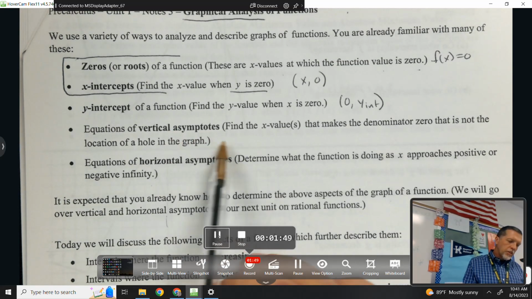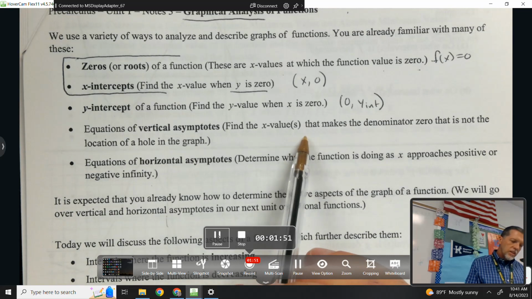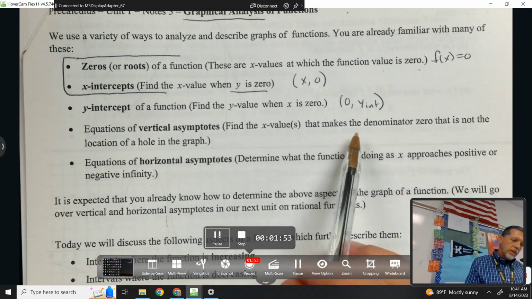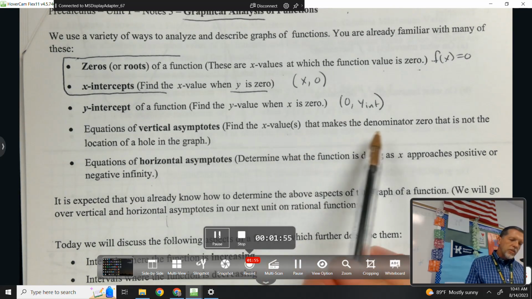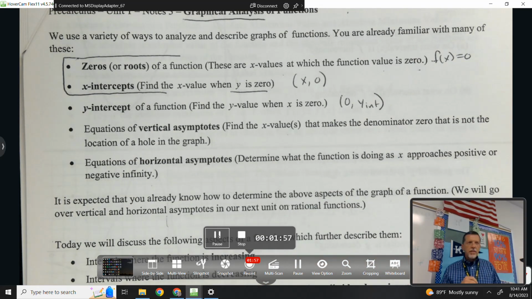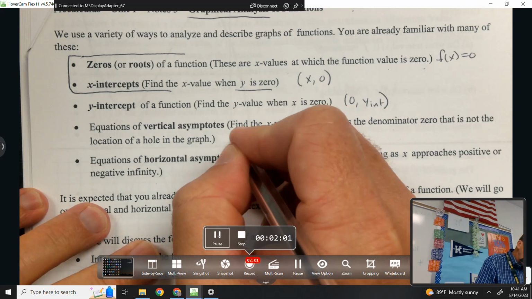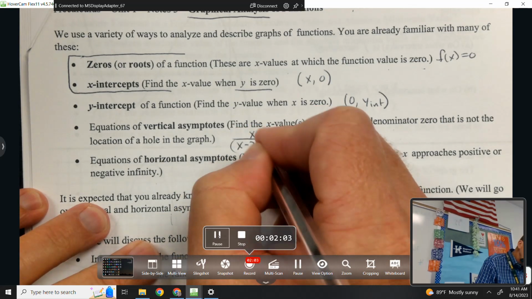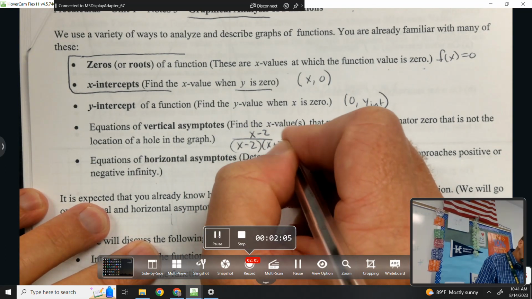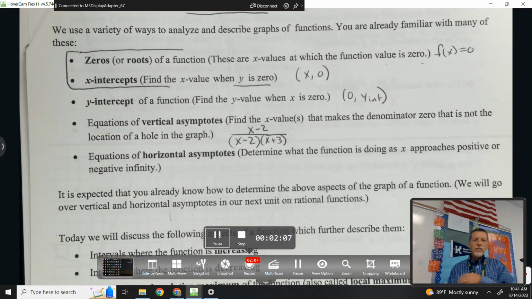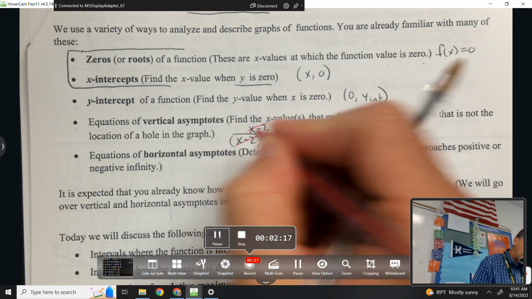Equations of vertical asymptotes. So that's the x values that make the denominator 0. I think you've done this before, but we'll do a quick example here: x minus 2 divided by x minus 2 and x plus 3. So what's going on at x equals 2?